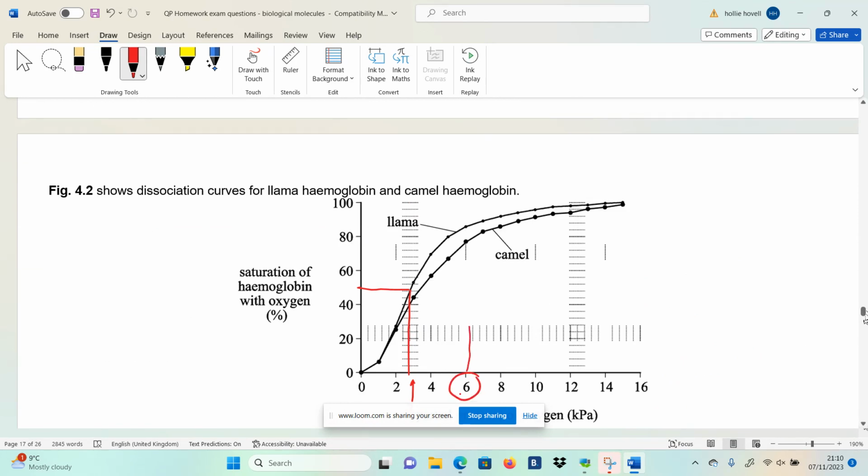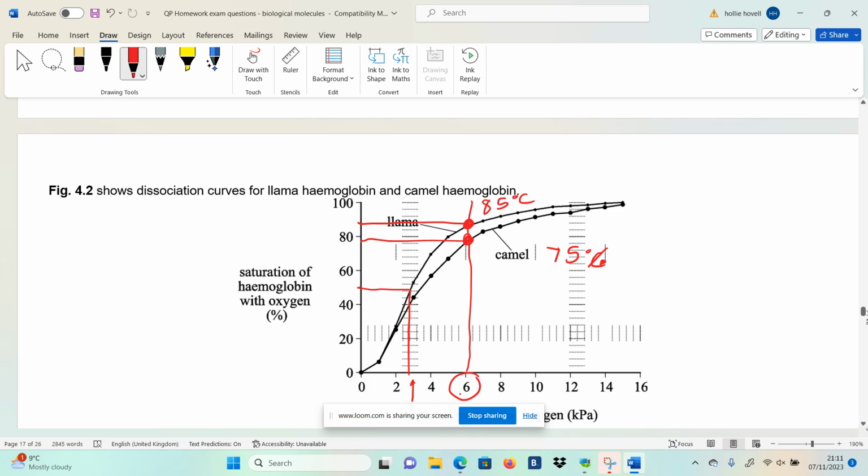If we follow it up from 6, you can see that at that point, the camel is approximately, if we follow it across, just below 80%, let's say 75% saturated with oxygen. Whereas if we look where it crosses the llama line and go across, we're looking at more like 85%, let's say. I haven't got a ruler, that's not great.